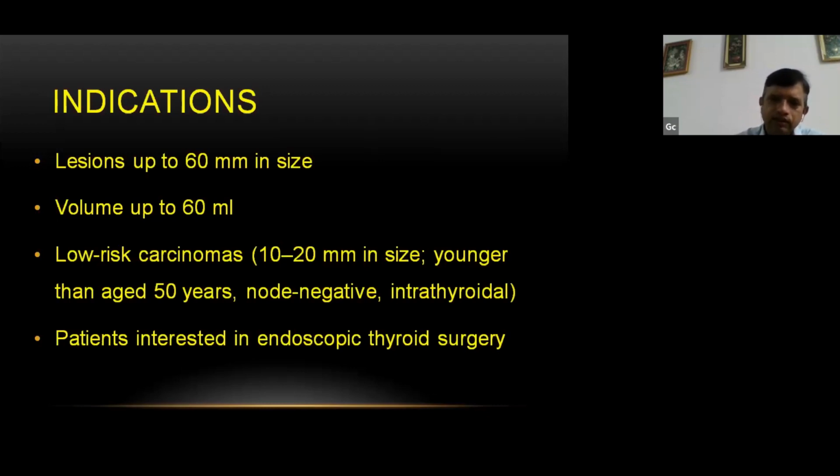It depends on the expertise, because initially this technology was also not very developed. Like at that time, single chip camera, then 3-chip camera came, then 3D, 4K. So this evolution in technology also made these endoscopic surgical procedures feasible. How it was difficult in the initial phase, we'll discuss that.